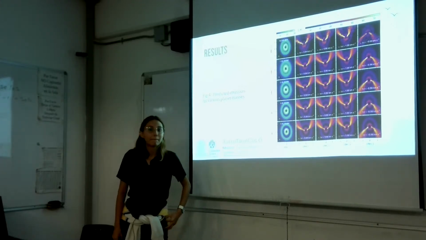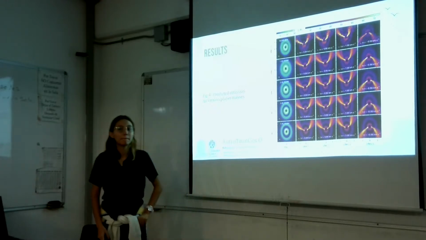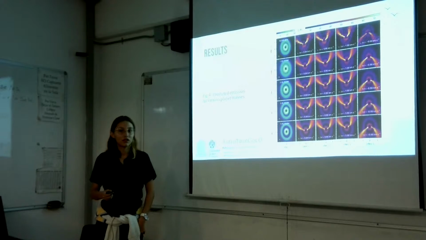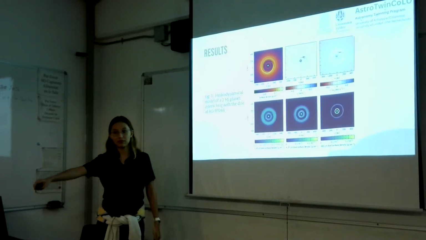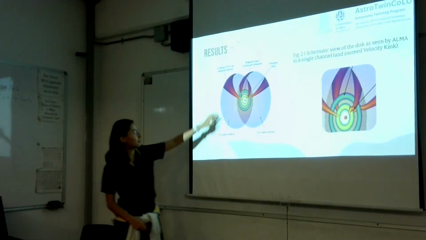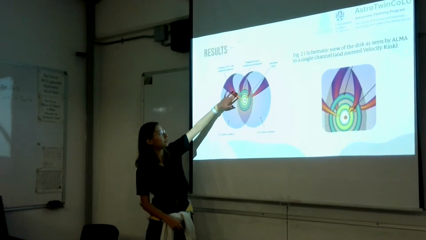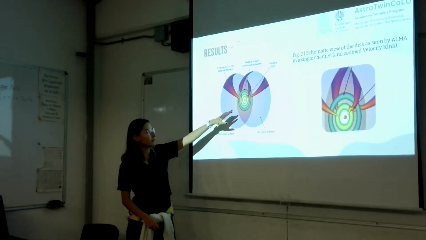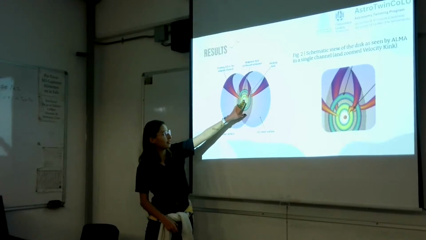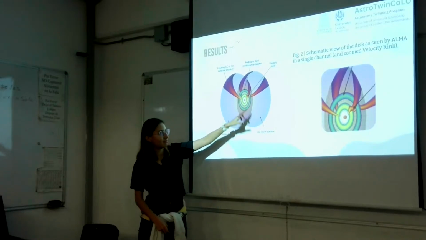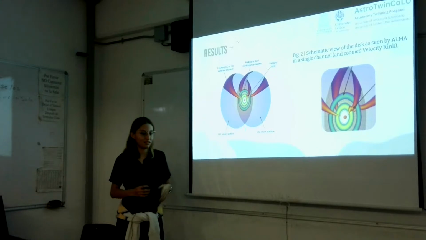I think I didn't understand quite well what the kinks are. Is that inflowing or outflowing material because of the direction of the planet? They are just changes in the CO emissions. These are the normal CO emissions, and the kink is this change in the emission.